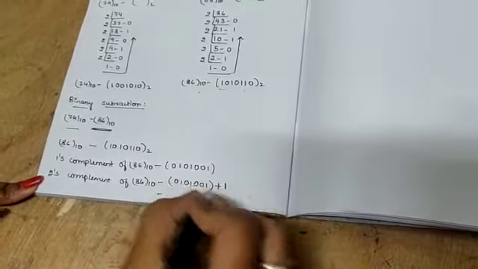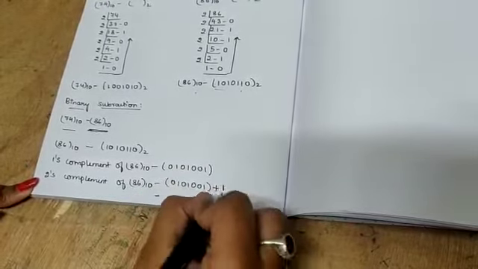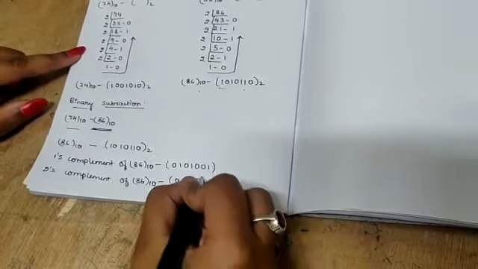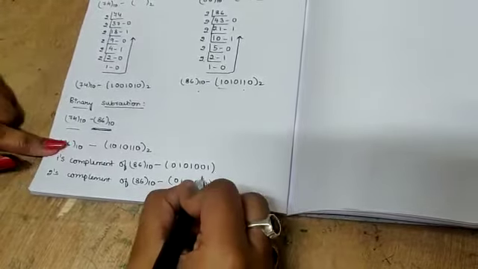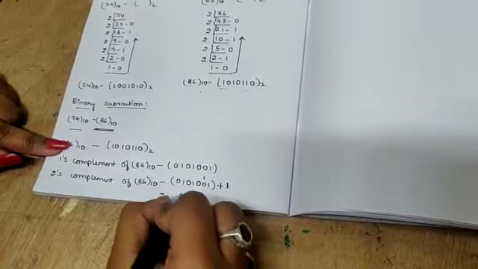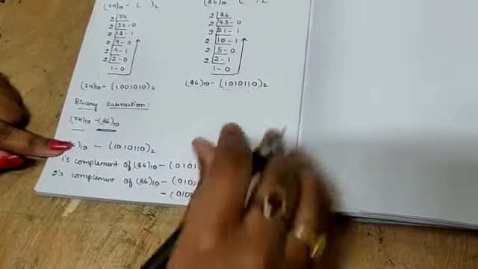So we have to add 1 to 1's complement to get 2's complement, which is 1 plus 1 is 0 and 1 in carry. So again 1 plus 0 is 1, then 0, 1, 0, 1, 0 is 2's complement.